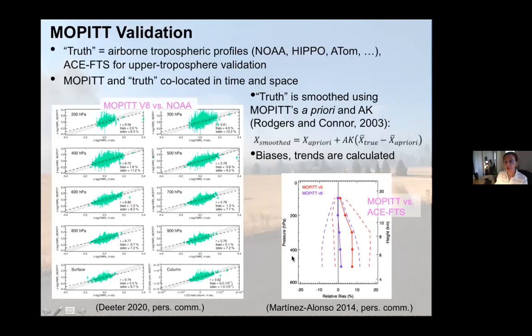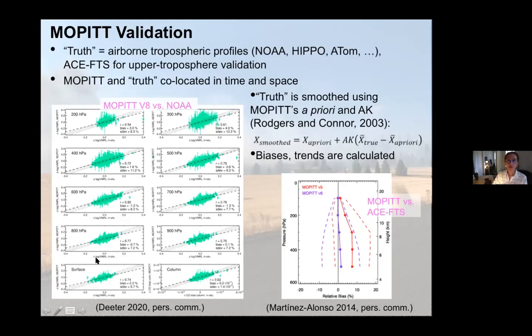ACE-FTS is another instrument which measures, among many other species, carbon monoxide in the upper troposphere and stratosphere. That was very valuable for us because in many cases, airborne vertical profiles do not get very high in the troposphere, so it's harder validating MOPITT retrievals at those altitudes. And for that, ACE-FTS was very, very valuable.